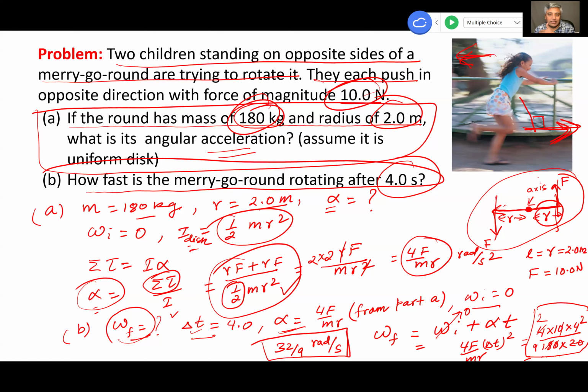So next class, we're going to focus on conservation of energy for rotational motion and conservation of momentum for rotational motion, okay? So this is going to be a review of the whole thing that we have learned so far in the semester, just in one chapter.